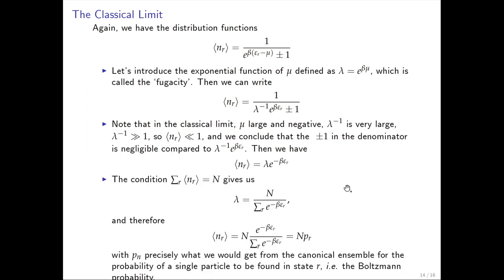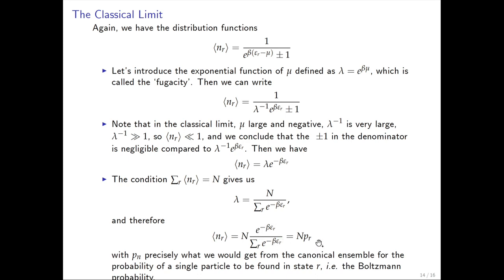Now, we have the constraint that the sum over the energy levels of their occupation numbers has to be the total number of particles N, and that tells us essentially what this fugacity is. We just plug that in there, and you get this. And therefore, we can write the mean occupation number of state r as, plug in the value for lambda, and we get N times this factor here. And you just say, aha, I recognize that factor.